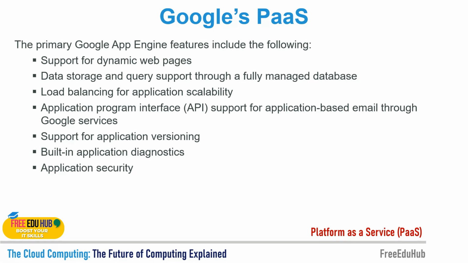Load balancing for application scalability, so if more load is coming to your application, it would scale accordingly. Then it even supports APIs, which is application programming interface, for application-based email through Google services and lots of other things. So if you have information available on your application and you want to call it through different APIs, that feature is available as well.